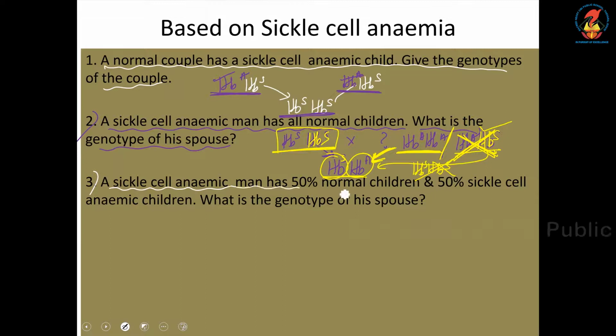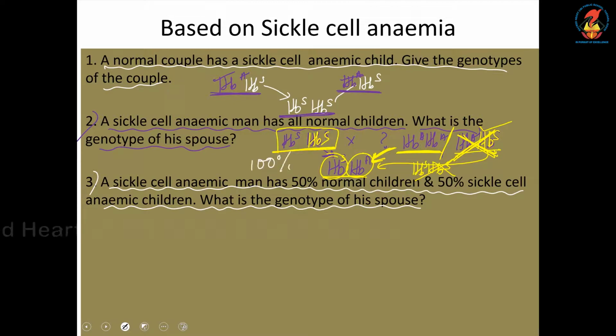A sickle cell anemic man has 50% normal children, 50% sickle cell anemic children. What is the genotype of his spouse? Now it is unlike the second question. The second question indicates 100%, all children are normal, but here it indicates 50-50. And he is sickle cell anemic, the same as in the second question. So HbS HbS, no doubt.